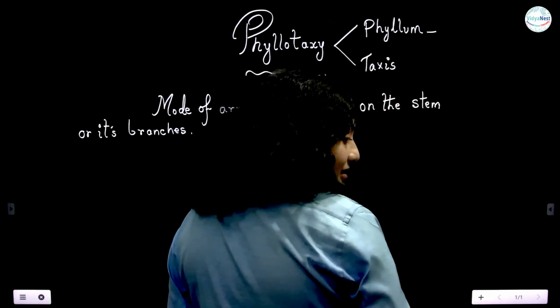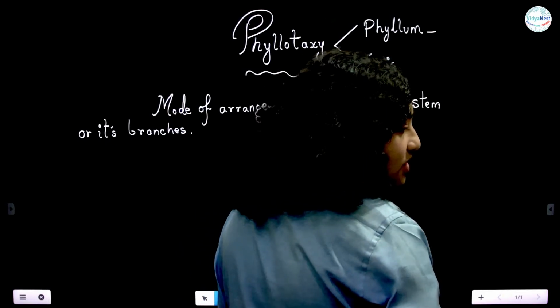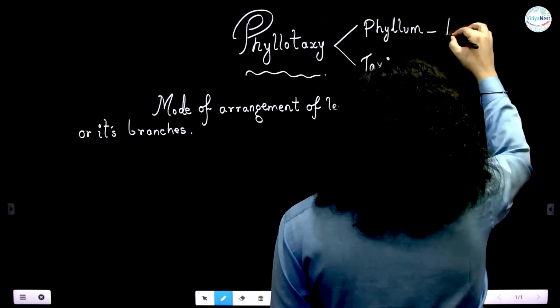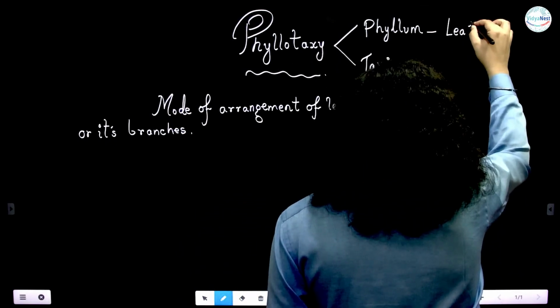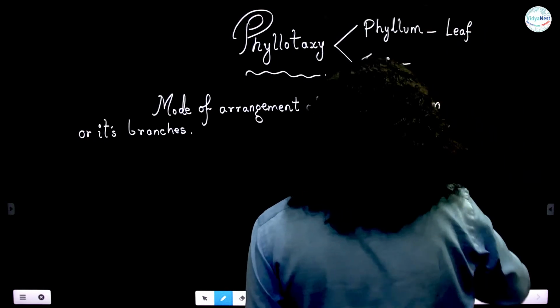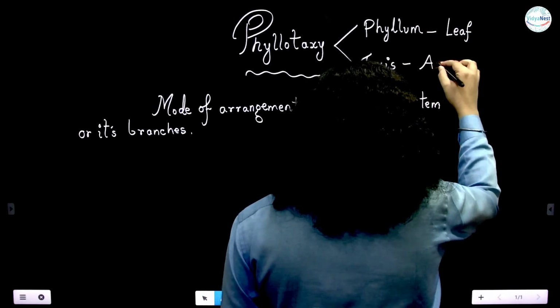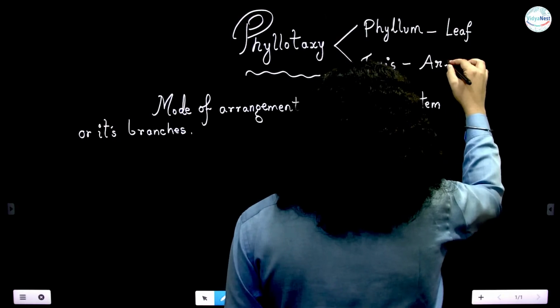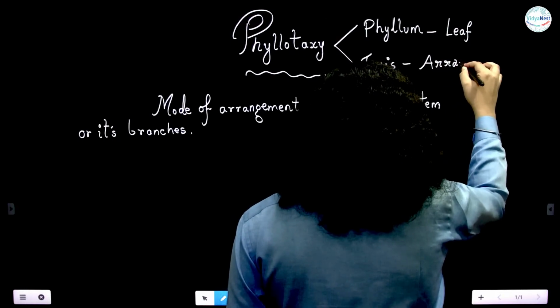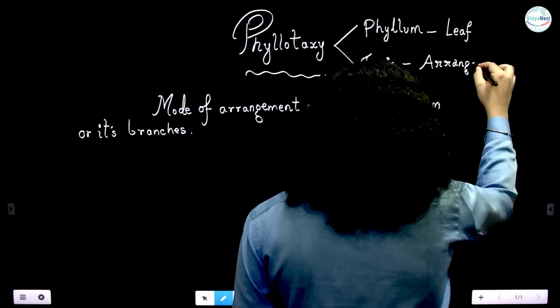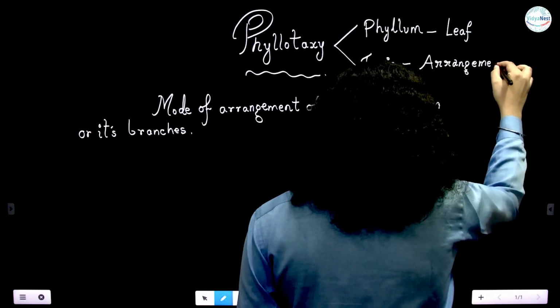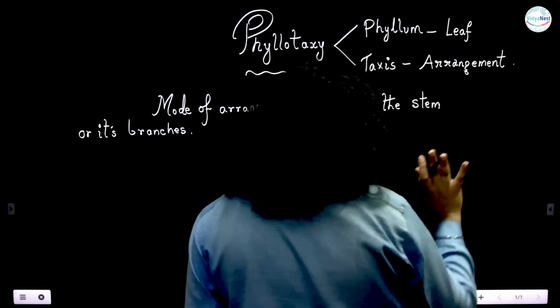The word phylum stands for leaf, and the word taxon stands for arrangement.